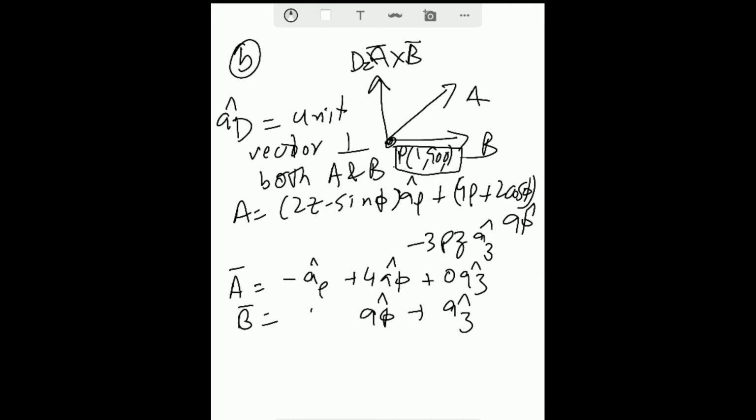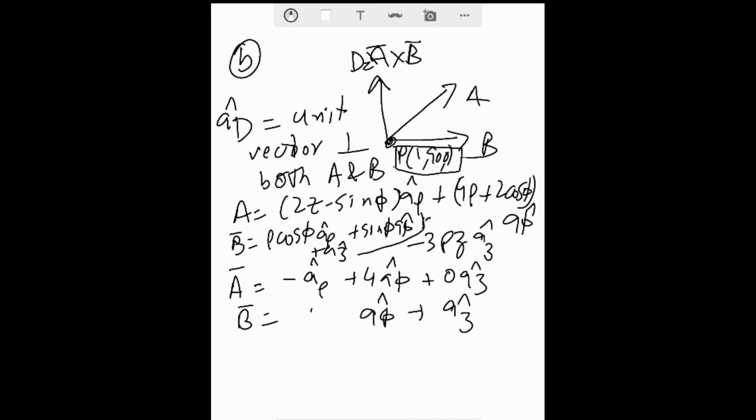As an example, the B vector here is rho cosine phi a_rho plus sine phi a_phi plus a_z.